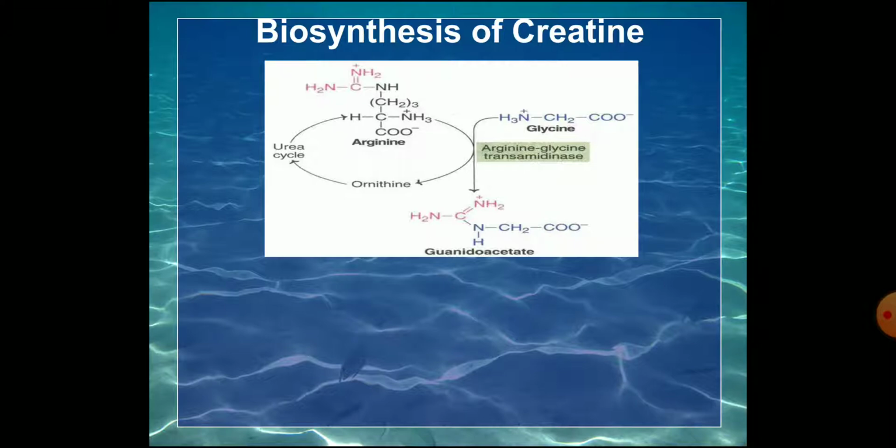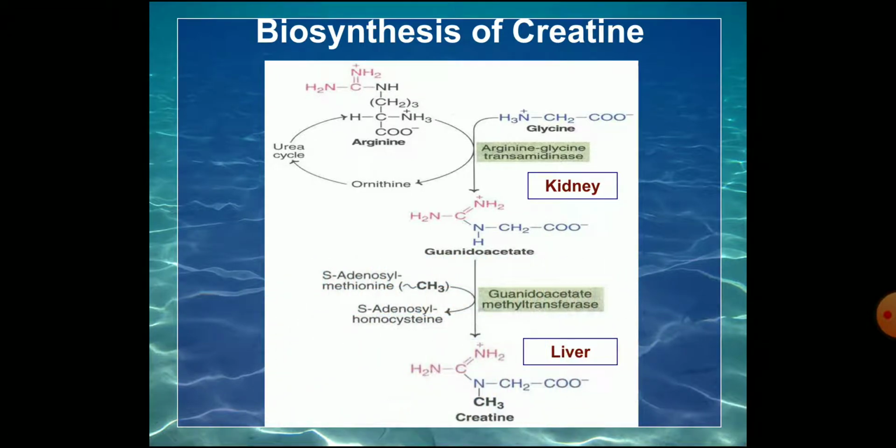First, the guanidine group of arginine combines with the glycine to form guanidoacetate. That is taking place in the kidney, and it is the first step in synthesizing guanidoacetate.